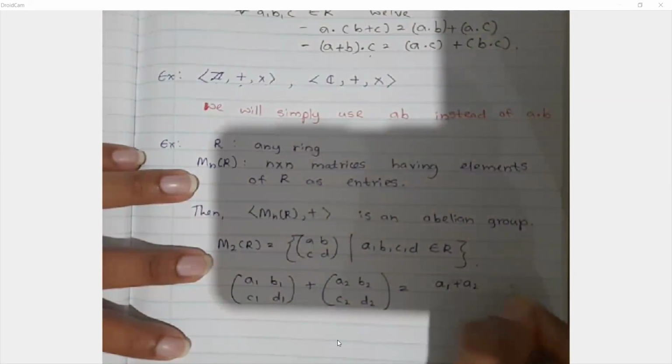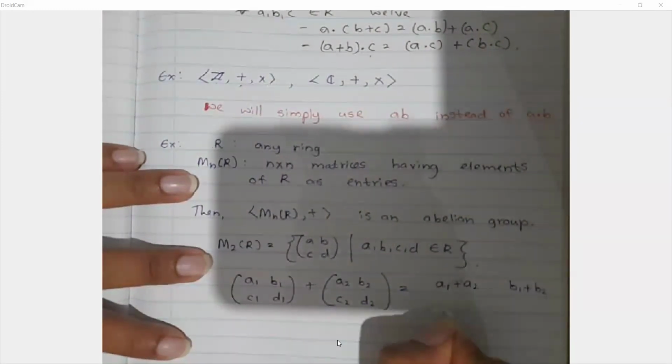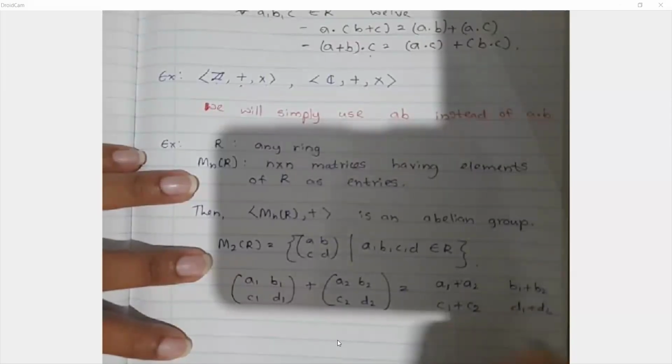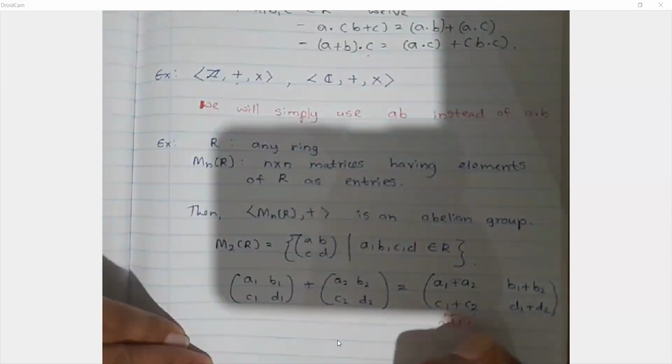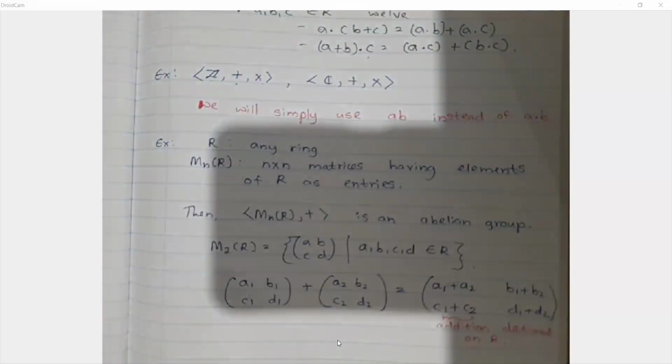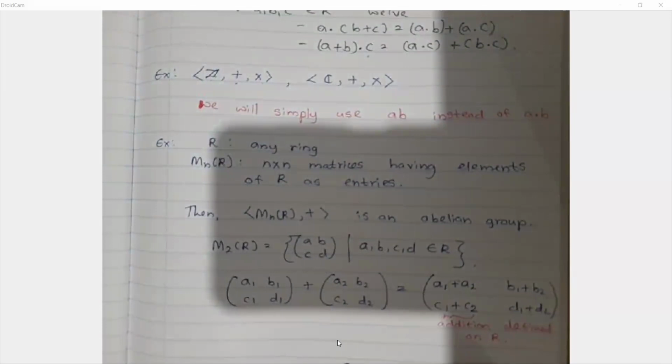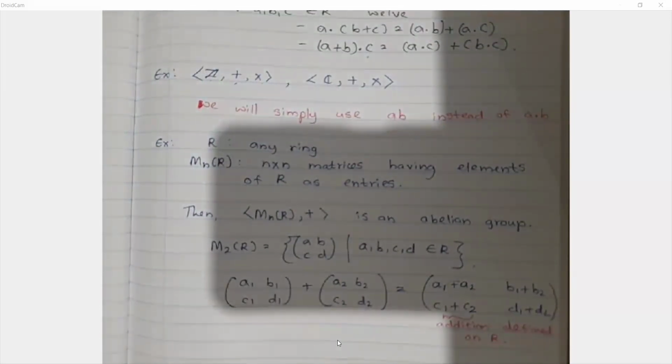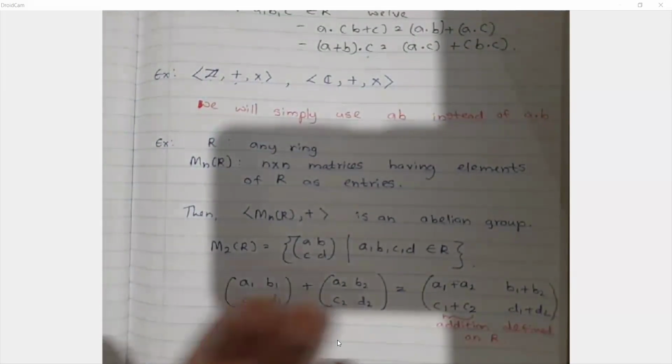We have B1 plus B2, C1 plus C2, D1 plus D2, right? Once again, you get a matrix of order 2 with entries from R, with the addition defined on the ring R. You can work it out and see that this is indeed an abelian group.